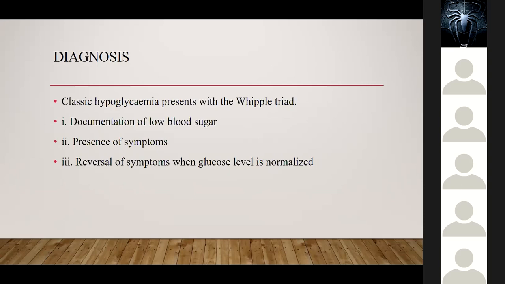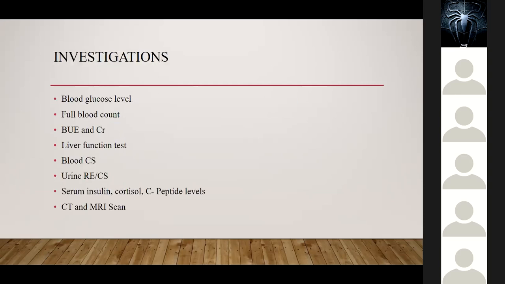So if you have low blood sugar, maybe 3.8, but you don't have symptoms, it's not classic hypoglycemia. The classic hypoglycemia has low blood sugar with symptoms. And three, as soon as we get sugar into your system, the symptoms should normalize. Once you have these three things, then we'll say that what you had was hypoglycemia, or the classic hypoglycemia.